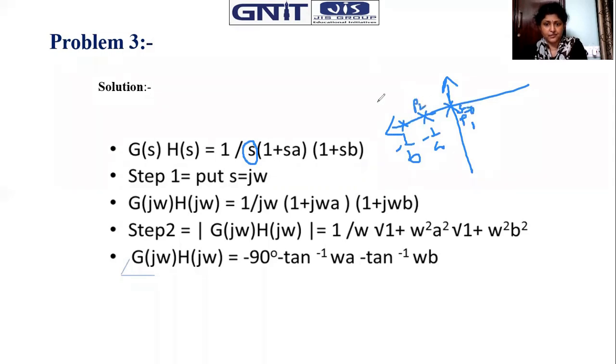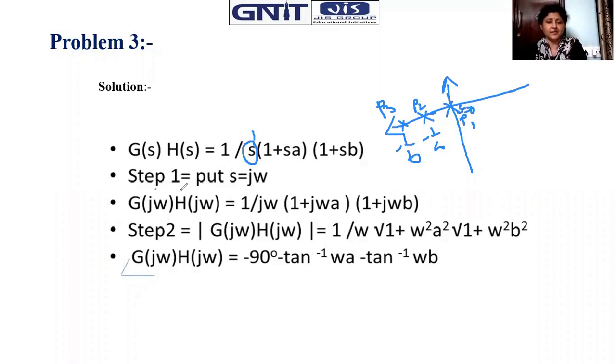P1, P2, P3, so it is a third order system. The order is 3, and the type is 1. There is a single pole at the origin, but it is a 3-pole system.